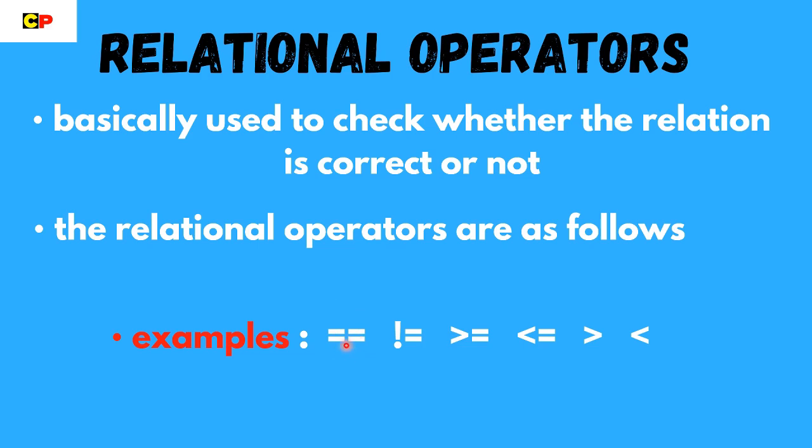But if you use the not equal to operator, then definitely it will return true if A and B are not equal. And similarly, you can think about the greater than or equal to, less than or equal to, less than, and greater than operators. So these are all relational operators that we will be using in C programming in dealing with practical scenarios, which we'll talk about in the later part of the video.